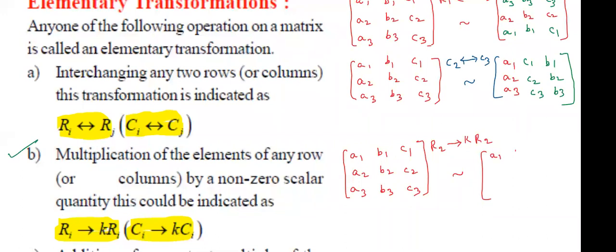A1, B1, C1, the R1 row, there is no change. Where is the change? In R2. Each and every element in R2 is multiplied with K. This is going to change. Then what about R3? R3 should be the same: A3, B3, C3. Students, have you understood how we are operating the elementary transformations?